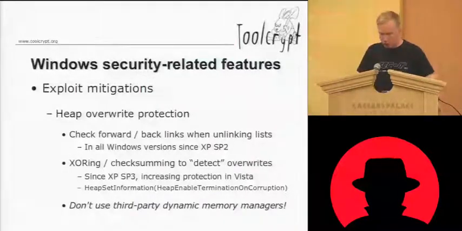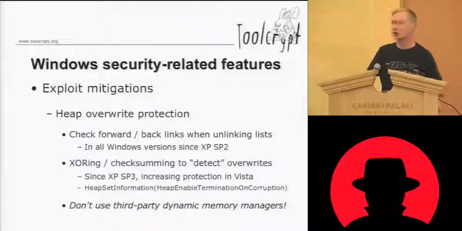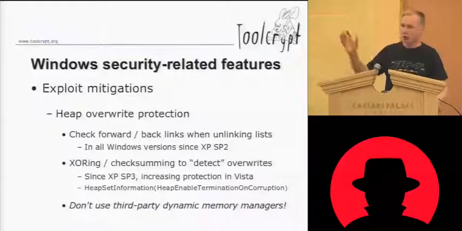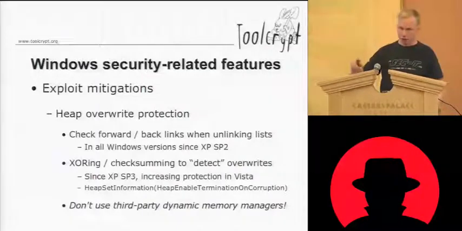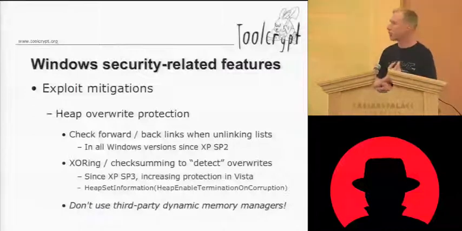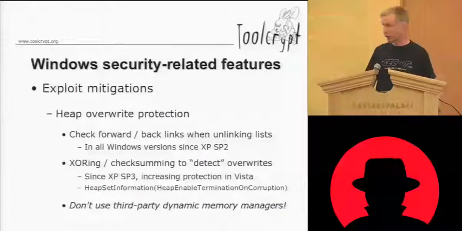So the first thing that they did was implement checking of forward and backward links when unlinking chunks or allocated regions in the heap. So basically in a standard heap manager you would have linked lists of blocks of memory that are either on the free list waiting to be allocated or on the allocated list. And when you call free, they're taken out of the allocated list. And when you're doing that, you're basically just unlinking it from a doubly linked list. So you've got forward and backward links that are spliced in.